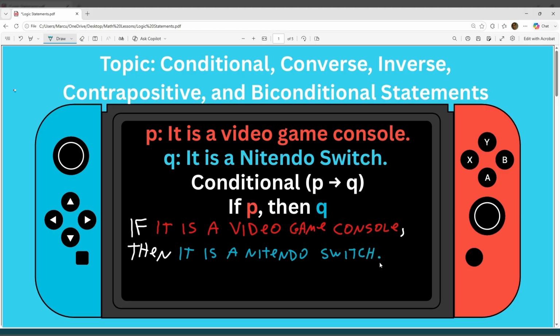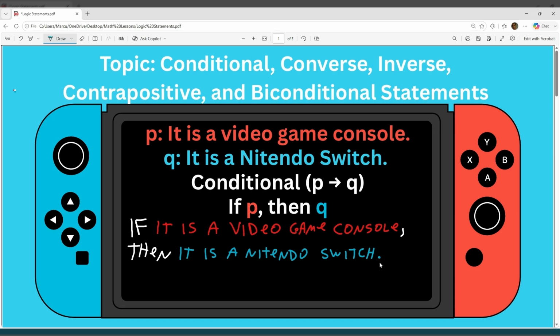Like this. So again, for a conditional, we write if P, then Q. In other words, if it is a video game console, then it is a Nintendo Switch.